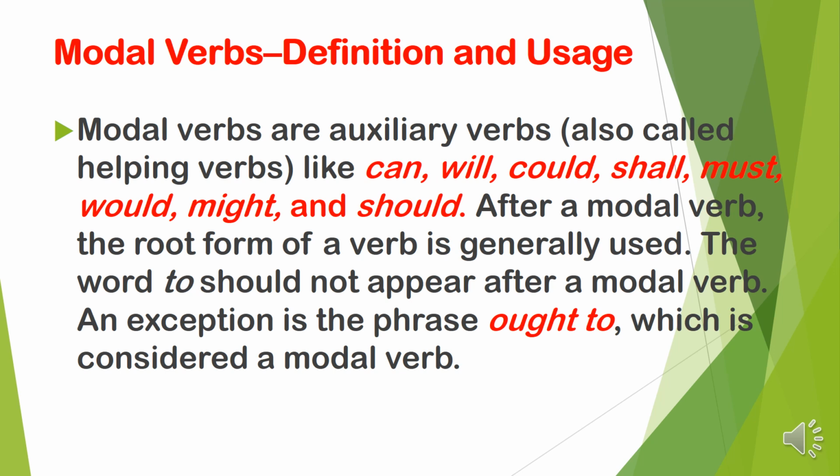The word to should not appear after a modal verb. An exception is the phrase ought to, which is considered a modal verb. Again, modal verbs are auxiliary verbs, also called helping verbs: can, will, could, shall, must, would, might, and should.